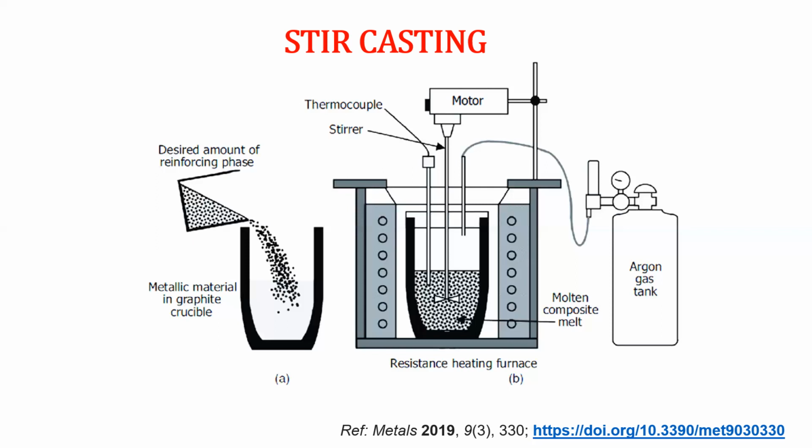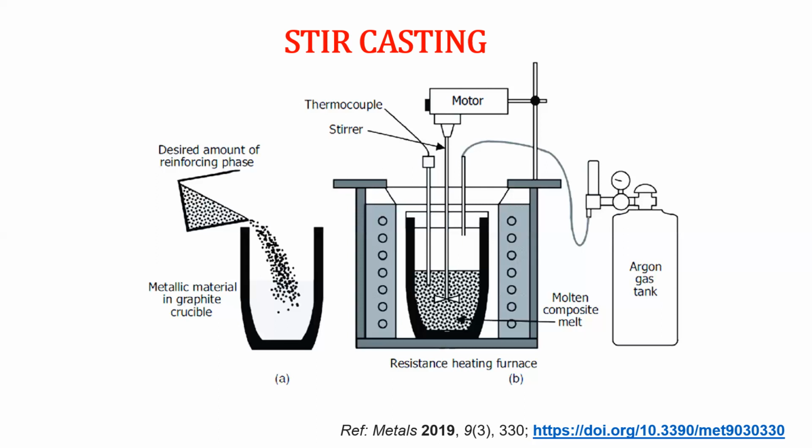For example, if we take aluminum, aluminum is a very good material. It has low density, about 2.7 gram per cc, and it also has good corrosion resistance and good thermal conductivity. But the problem here is it doesn't have that much strength or hardness to resist wear or resist low plastic deformation.